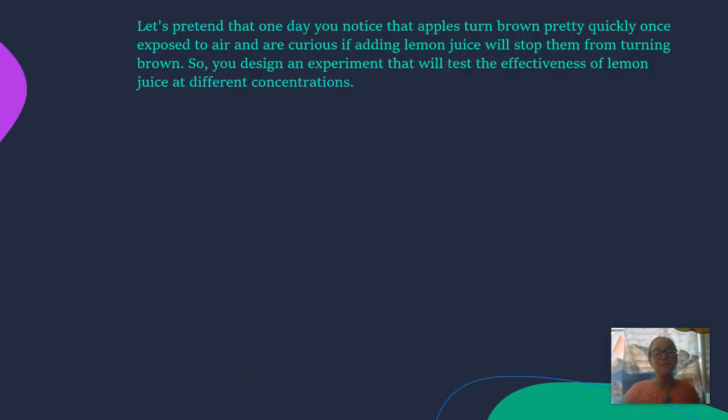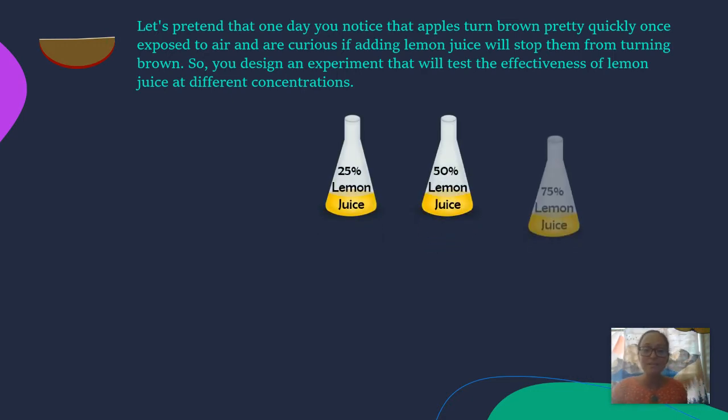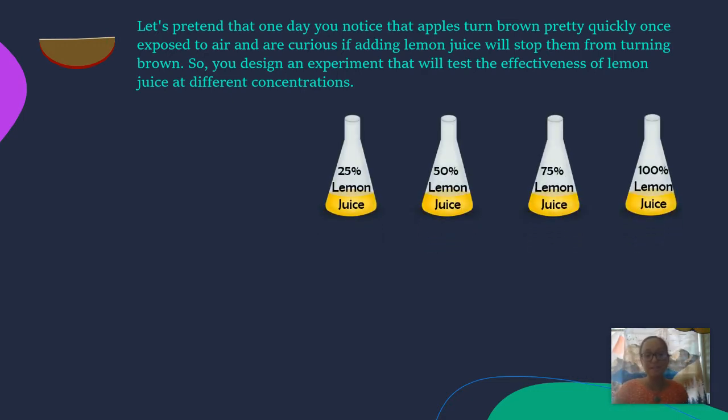Okay, so let's pretend one day you notice that when you cut an apple slice, it turns brown pretty quickly once it's exposed to air. And you're curious if adding lemon juice will stop them from turning brown. So you design an experiment that will test the effectiveness of lemon juice at different concentrations. You get some solutions that are 25%, 50, 75, and 100% lemon juice.